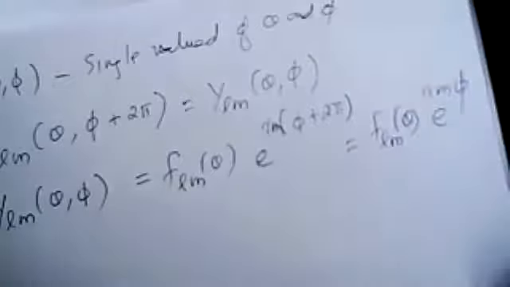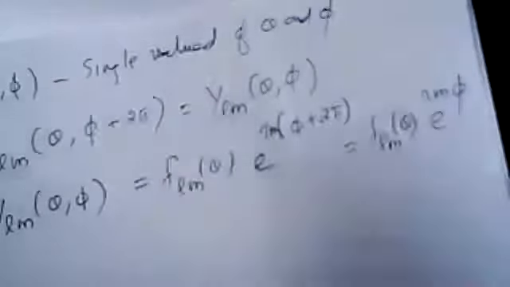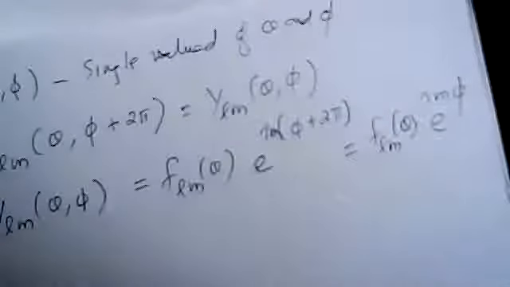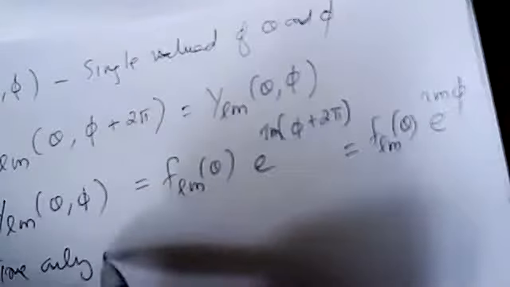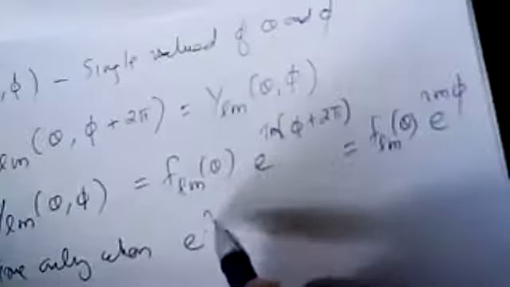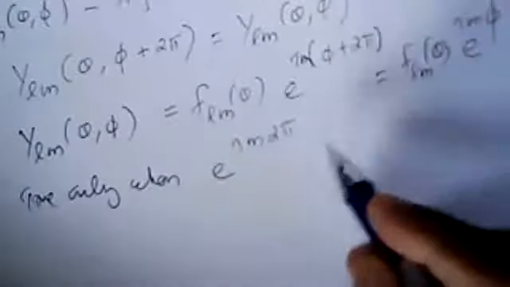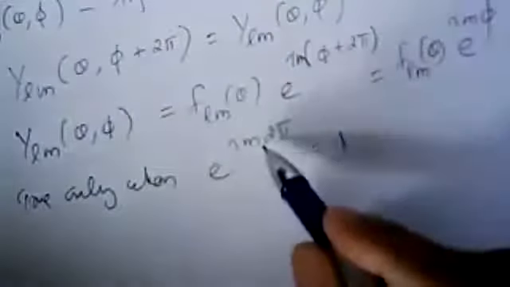For this to be true, what is the condition? This is true only when e to the power of i m 2π is 1. So from this, what are the allowed values of m?